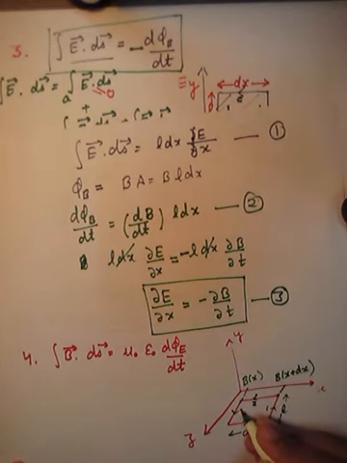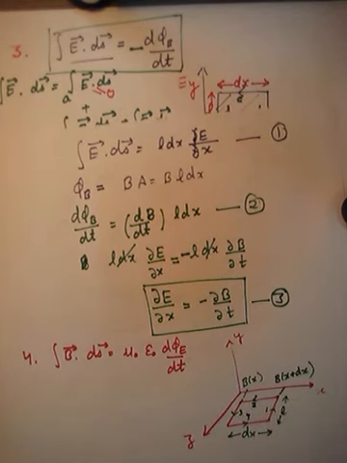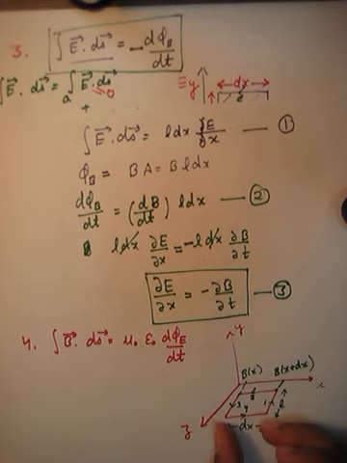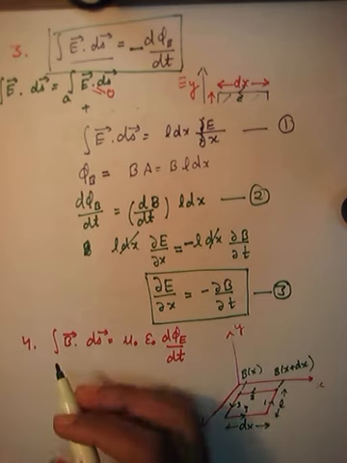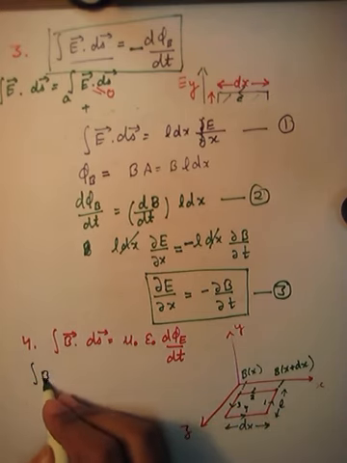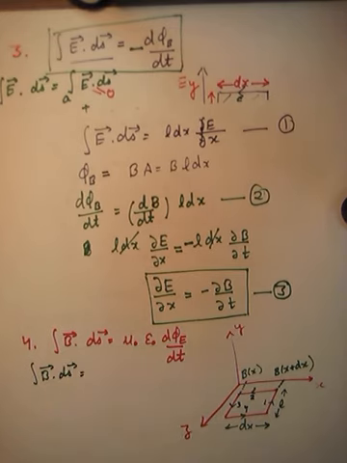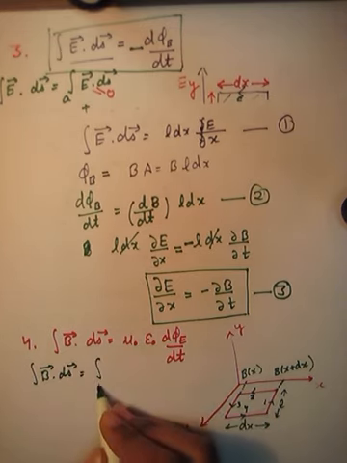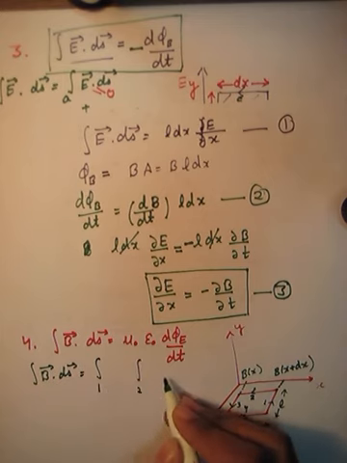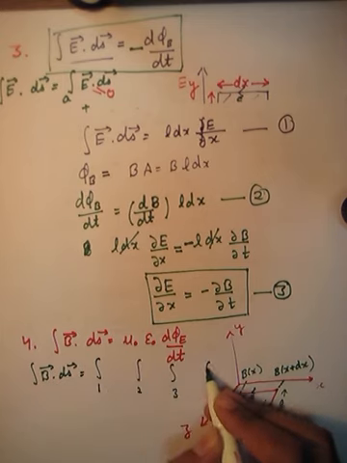So let us say 1, 2, 3 and 4 parts of this loop which are taken separately. So the integral of B vector dot ds vector will actually be an integration over 1, over 2, over 3 and over 4.